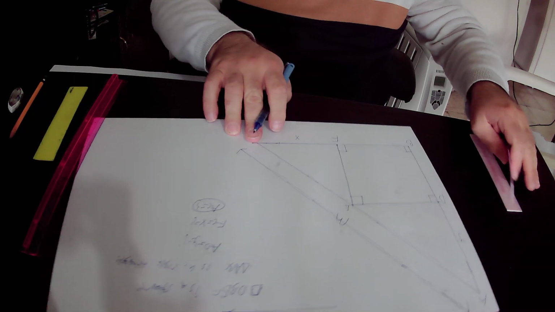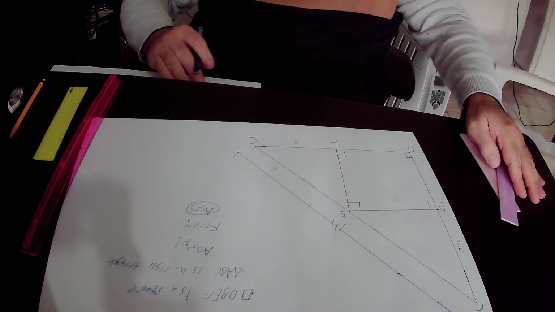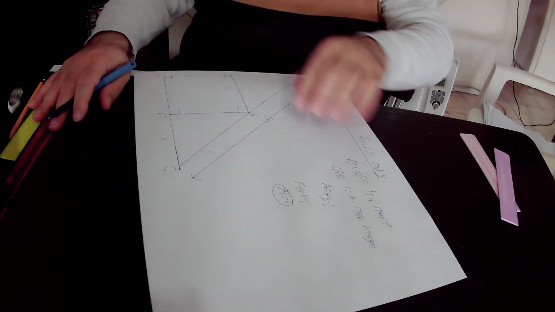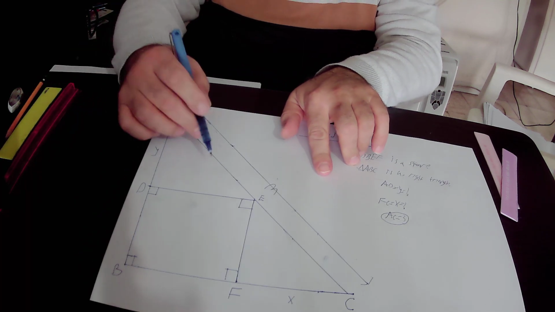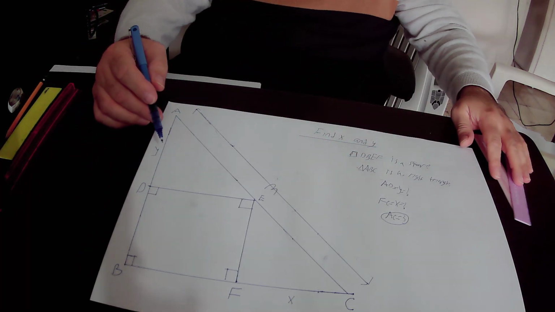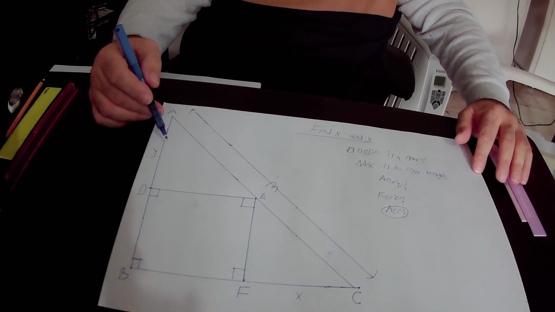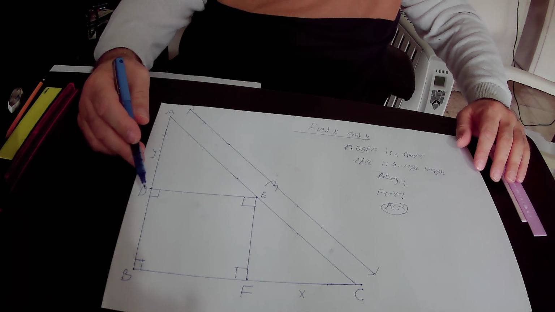I'll repeat again. In the drawing we have square DEBF. The square is inside the right triangle, triangle ABC.